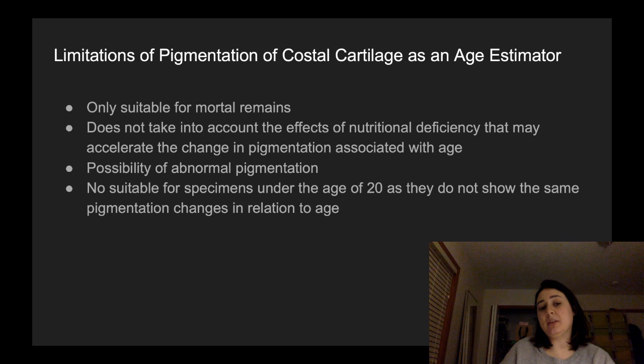There's also the possibility of abnormal pigmentation that would definitely skew the results. And there also is the issue that nutritional deficiency and other environmental factors may play a role in the way at which the pigmentation changes over time, and how slowly or rapidly that may occur, that could not necessarily accurately correlate with the person's actual age at death.